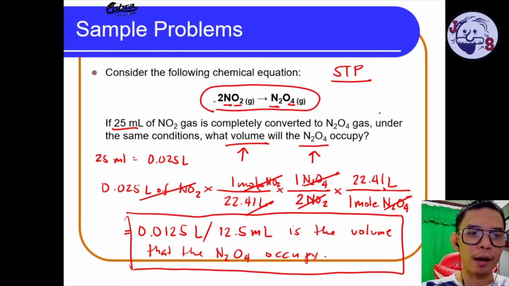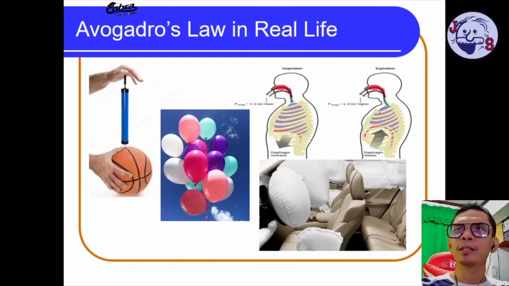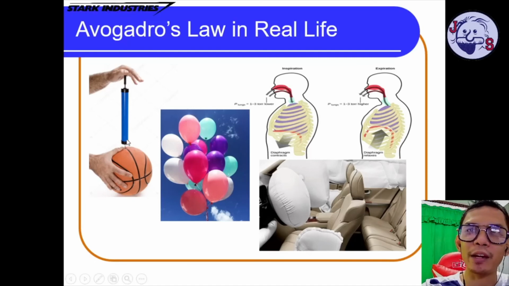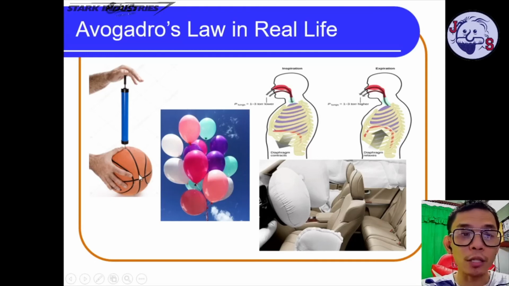Okay, now we have here the Avogadro's law in real life. Okay, real life application. So the first one is the air pump that we have right here, that is used to inflate balloons, and balls, and also tires.